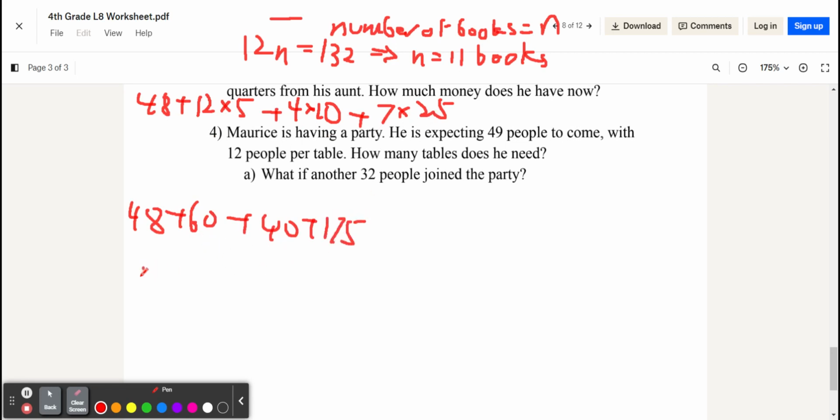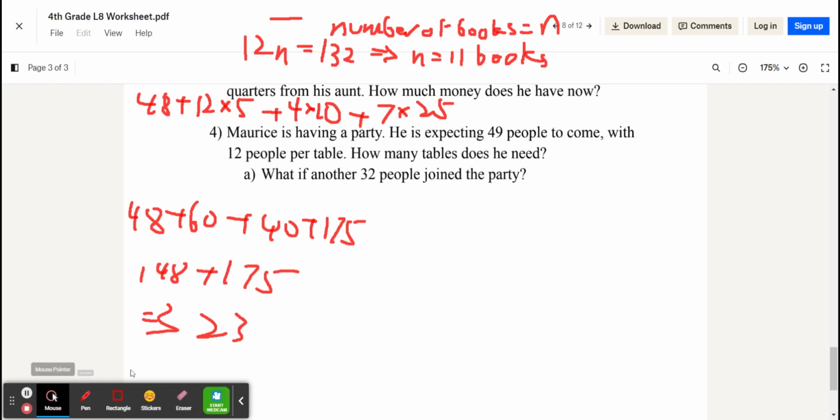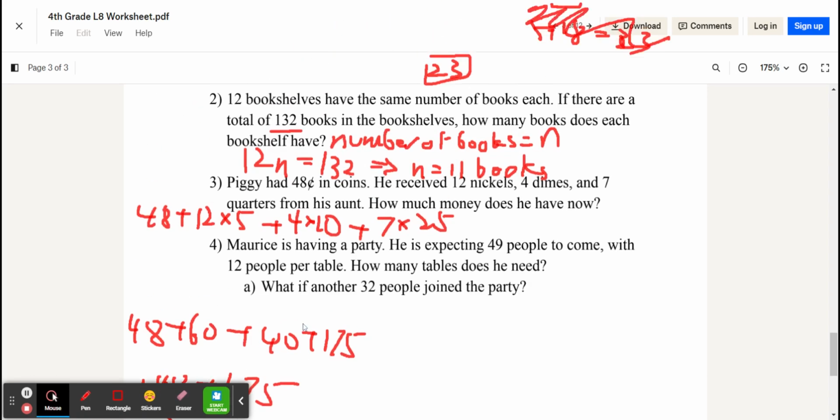And then if we add these together, we get 148 plus 175, and that should equal, let's see, 323, I believe. And then, so he has 323 cents, which is the same thing as $3.23.